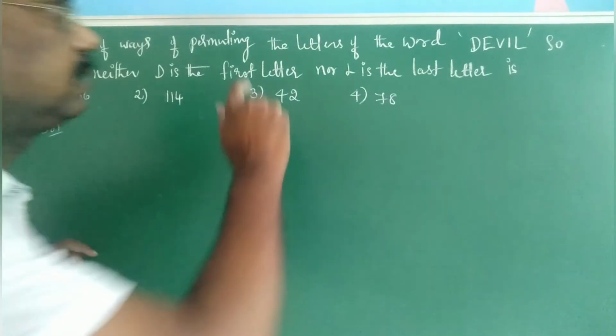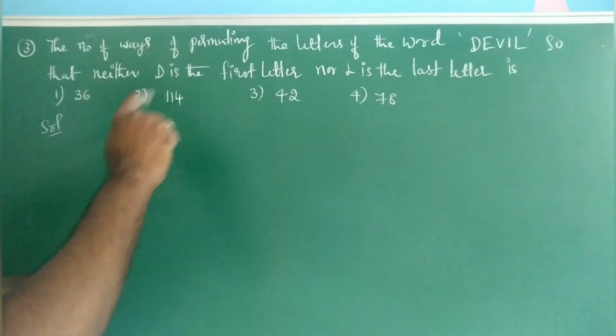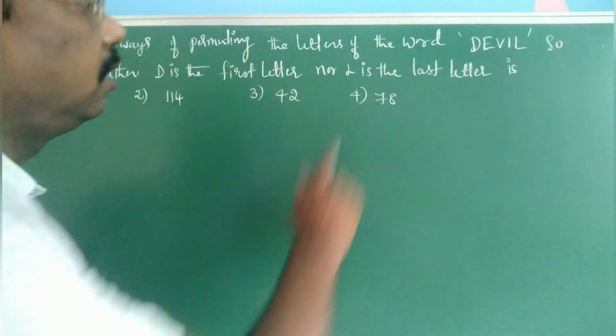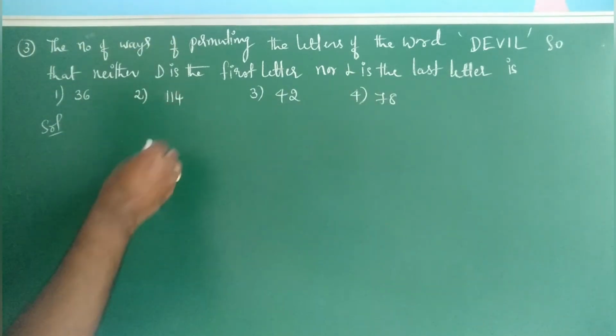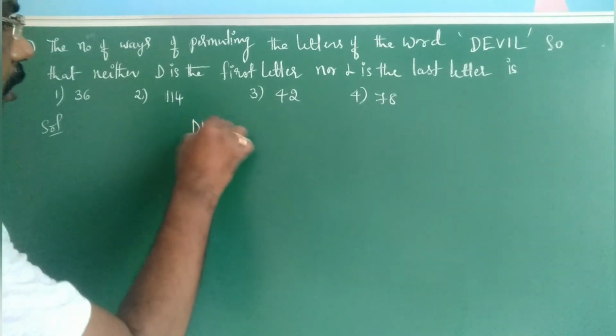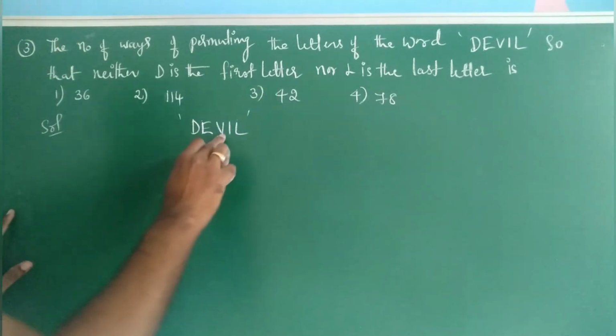The next one: the number of ways of permuting the letters of the word DEVIL so that neither D is the first letter nor L is the last letter. Now the given word is DEVIL, which contains 5 letters.